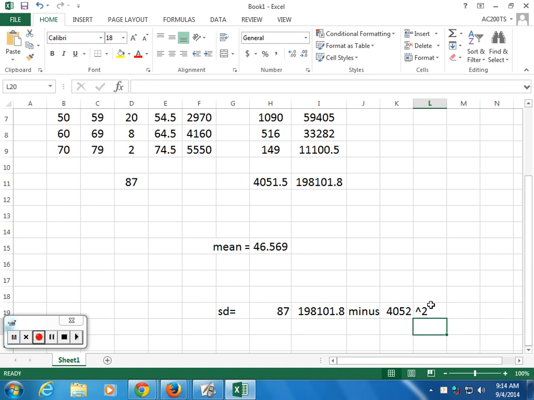And all that divided by 87 times this minus what? 1. So that's what your formula should look like when you're punching it in.